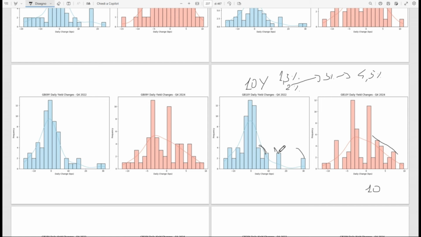And this is recorded in the data, because you had a 0.2 or 0.3% yield increase, the cost of borrowing increasing in one day in 2022, because the base rate was very low and inflation was very high, and all the market was pushing.